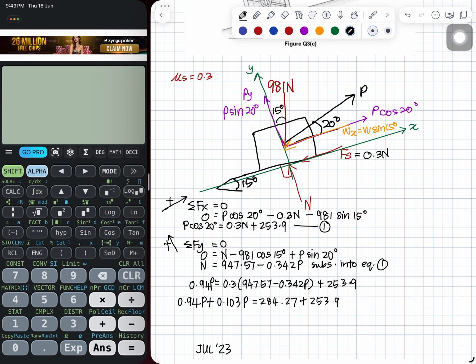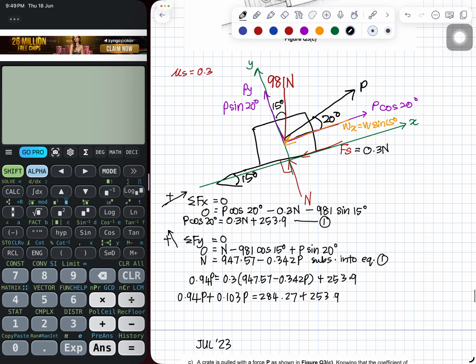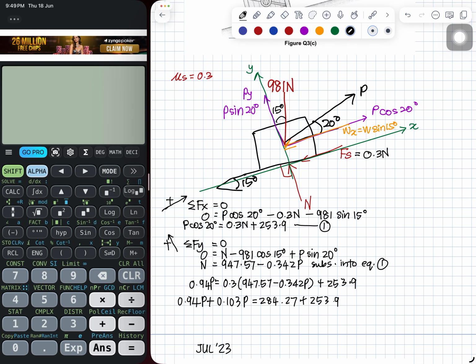So we rearrange the equation. That's what I do. Then you can get the value of P.